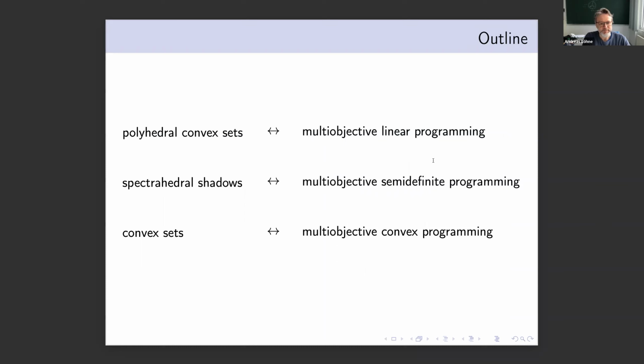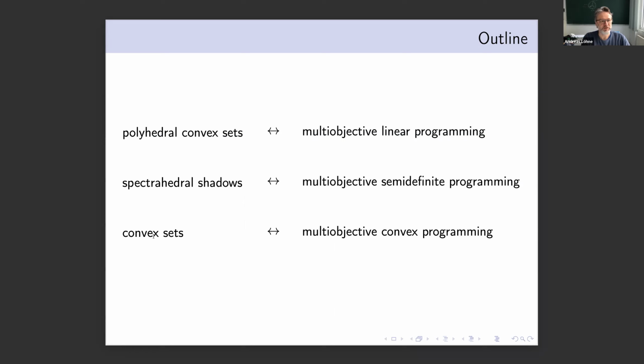I would like to discuss this topic on different levels. Many things can be explained on a polyhedral level. So I want to speak about polyhedral convex sets and multi-objective linear programming and the connection between them.